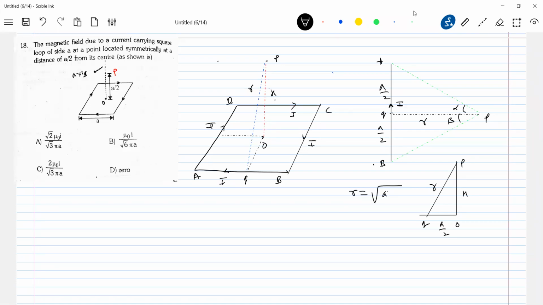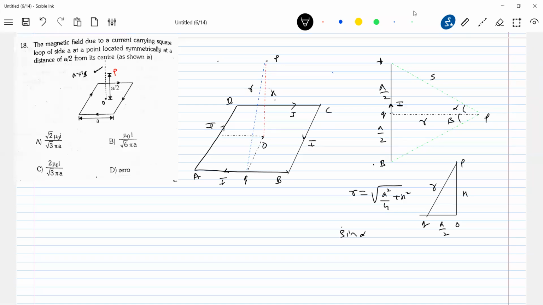R square is equal to A square by 4 plus X square. Then I think sine alpha, sine beta are needed. Let me take this as S.